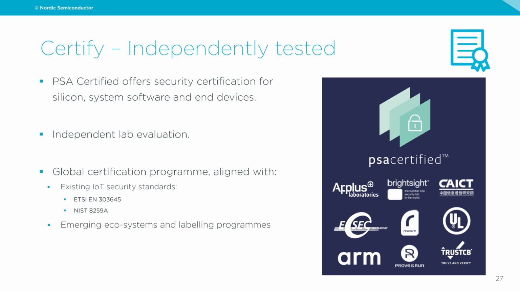So it's something that can be applied worldwide, and it's aligned with both existing IoT security standards, such as the ETSI EN 303645, as well as the NIST 8259A. But it's also aligning with other emerging ecosystems and labeling programs, so that it remains a future-proof solution for customers who want to have their devices security certified.